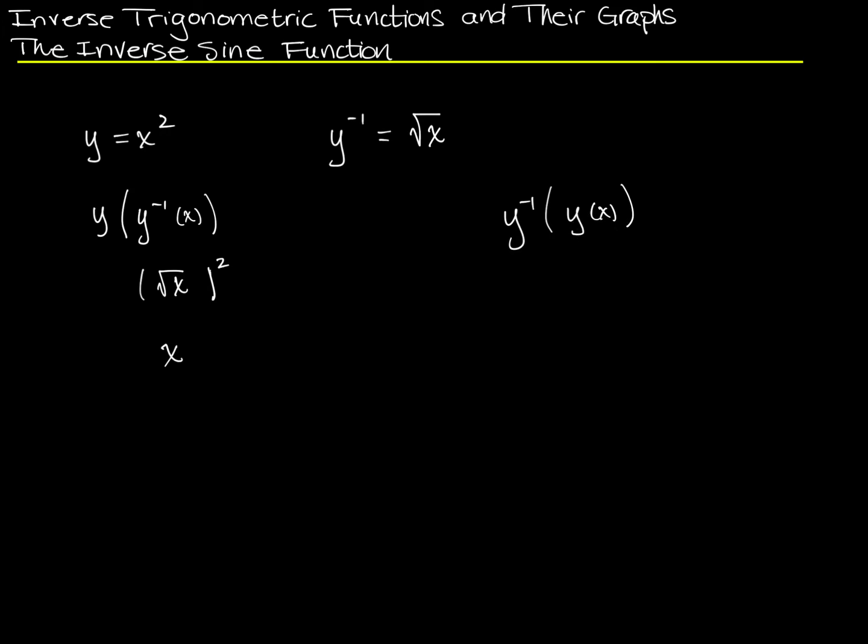In this case, I'm going to have y of x, which is x squared. And then I'm going to do to this what I'm told y inverse does to functions, and that is to take the square root. And the result, again, is just x. And this is what inverses do. The composition of y with y inverse, or y inverse with y, is just x.